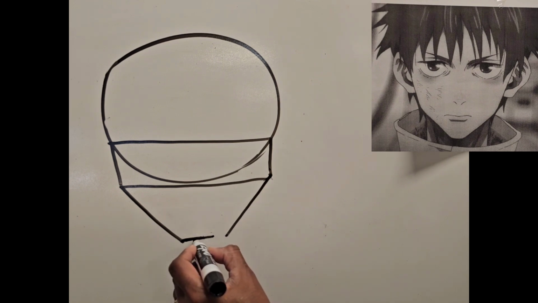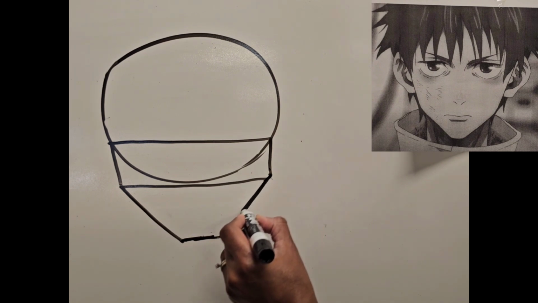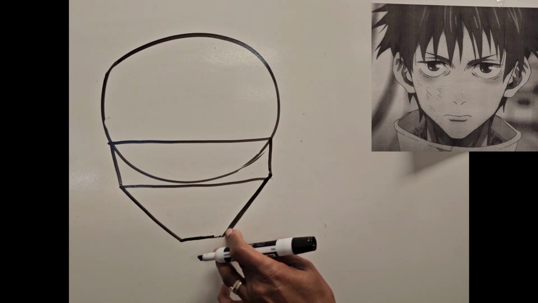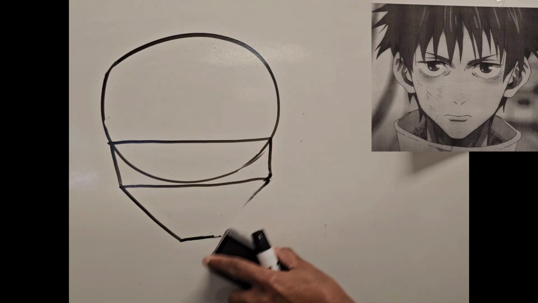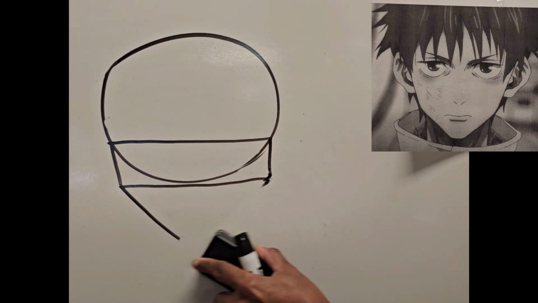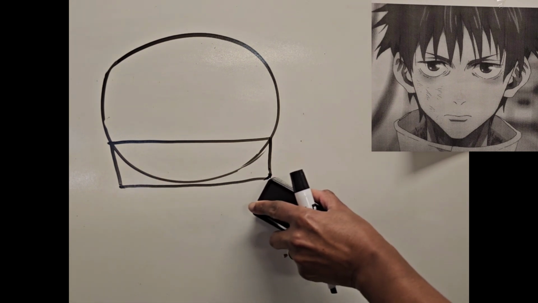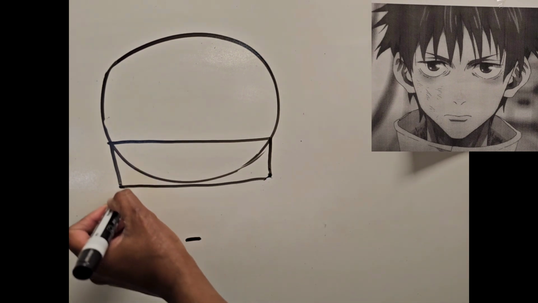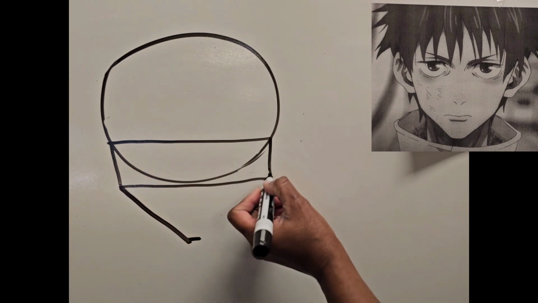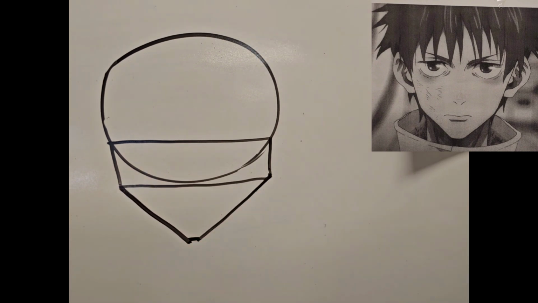It's not easy drawing with a dry eraser, but I'm going to do my best. His chin is a little sharper than that, so let me change that up a bit. So let's see, right here, and then that's going to come there, and that's going to go there. There we go. So I have the basic shape of his face. All right, so we can start there.